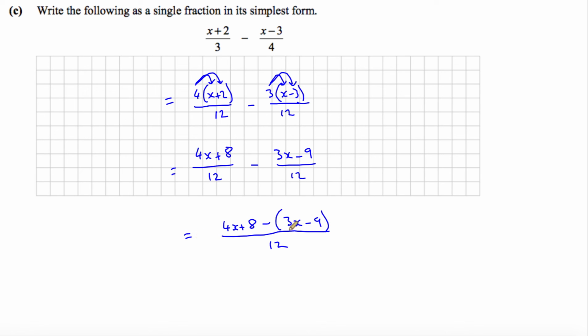Watch out for that there, a lot of people forget that bracket. So that gives us 4x + 8, minus by 3x is −3x, and minus by −9 is positive 9. Sorry, I'll write that again, −3x + 9. And then that's all still over 12. So we're nearly there now at this stage.